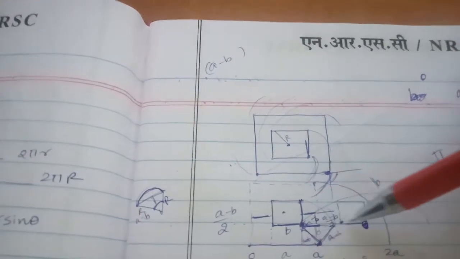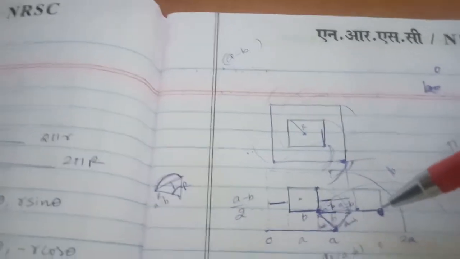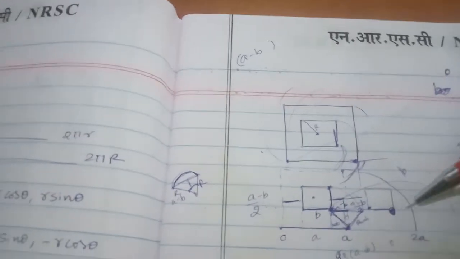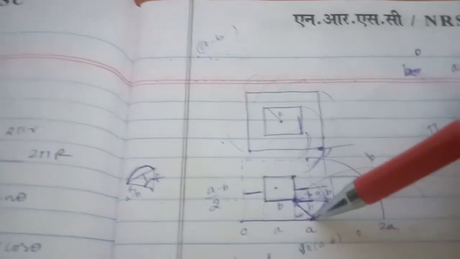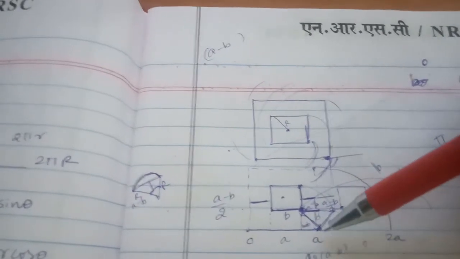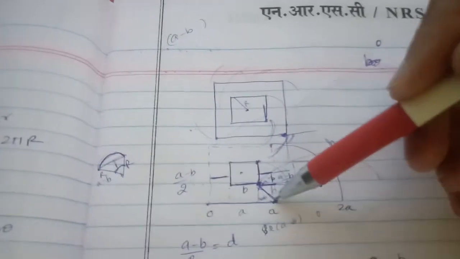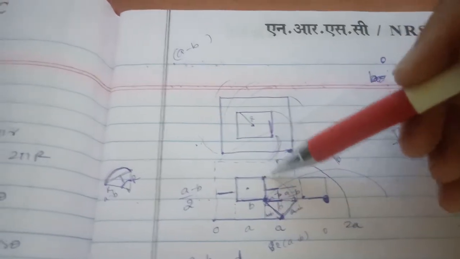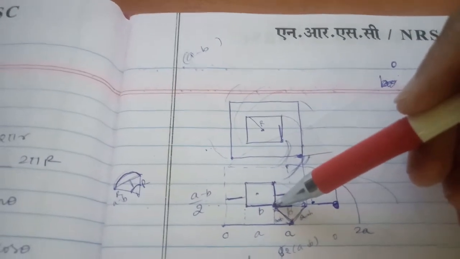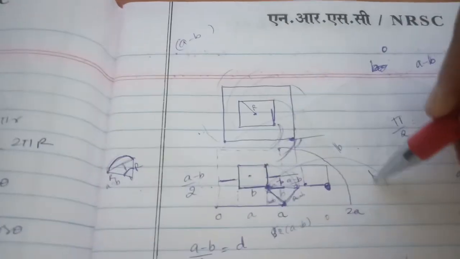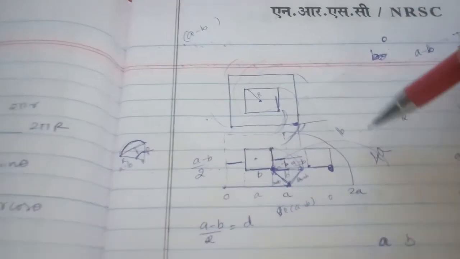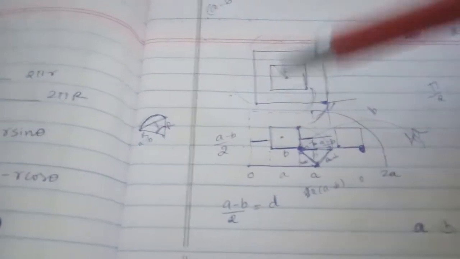When you rotate so that this point comes back here again, and after 4 rotations, there is going to be 4a. This is the same thing as Aristotle's paradox.